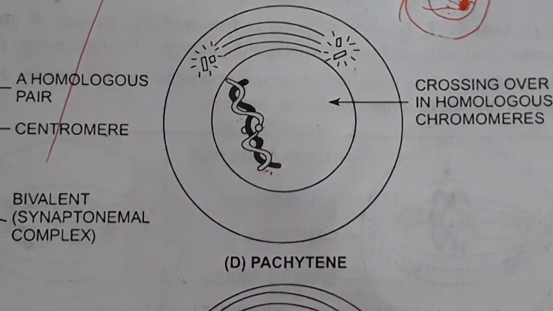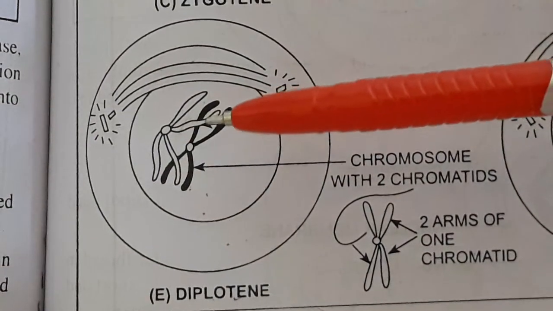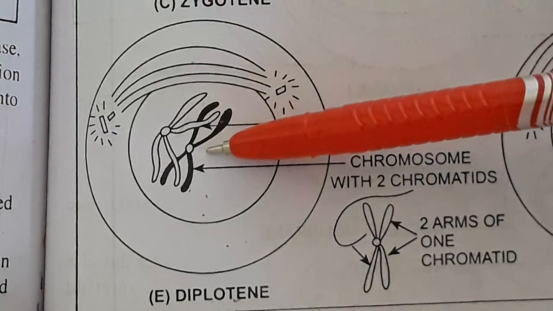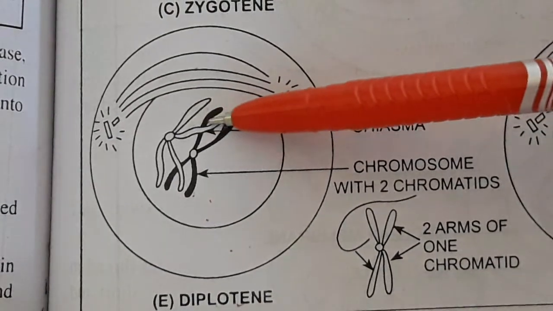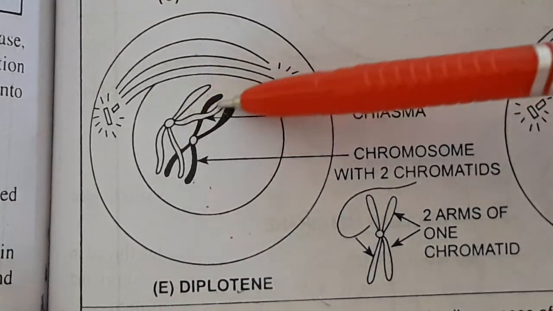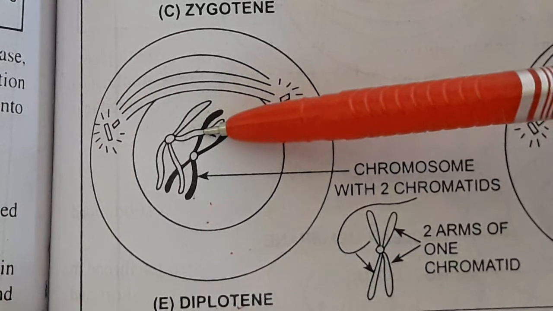Now pachytene is followed by the diplotene stage. In diplotene, the bivalents open up and here the four chromatids become distinct, forming a tetrad stage. Now here you can see that this chromatid and this chromatid, these are the non-sister chromatids of the homologous pair, they start crossing over.